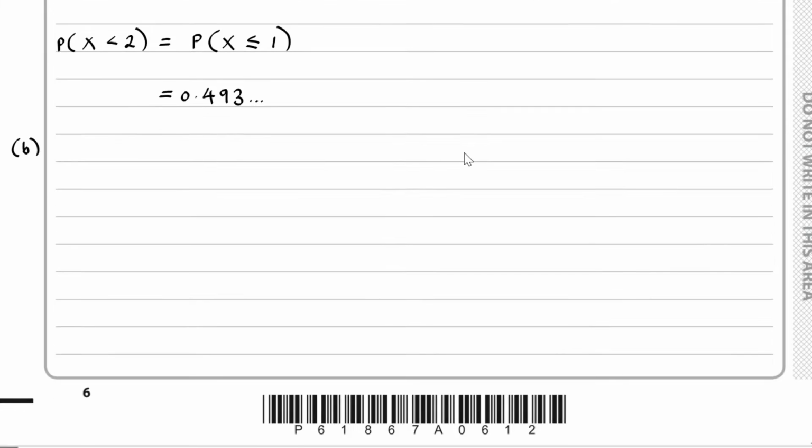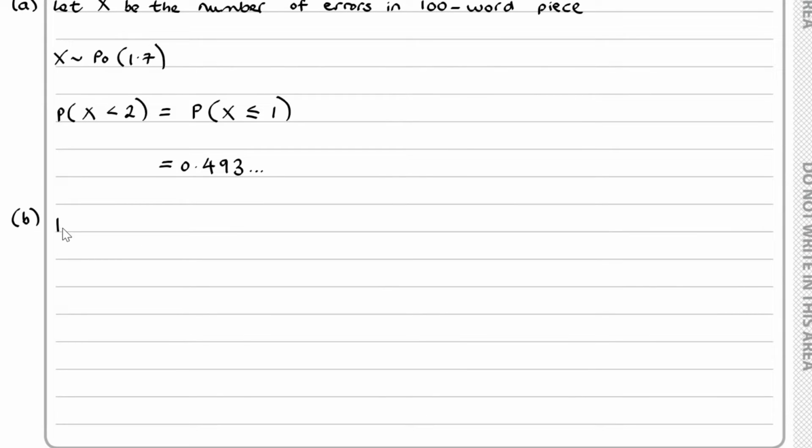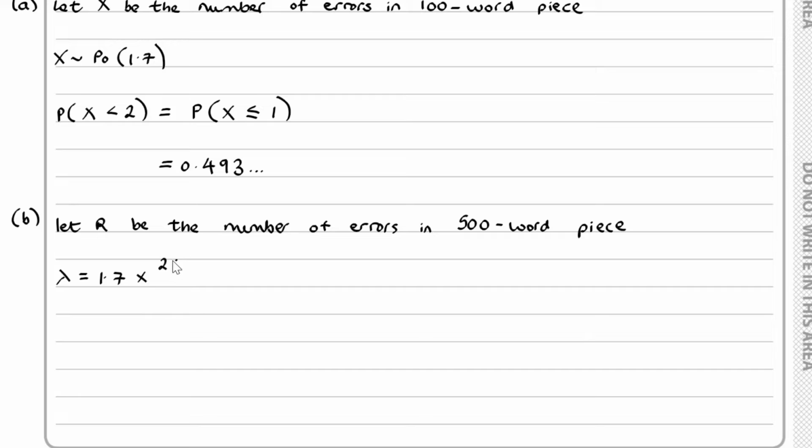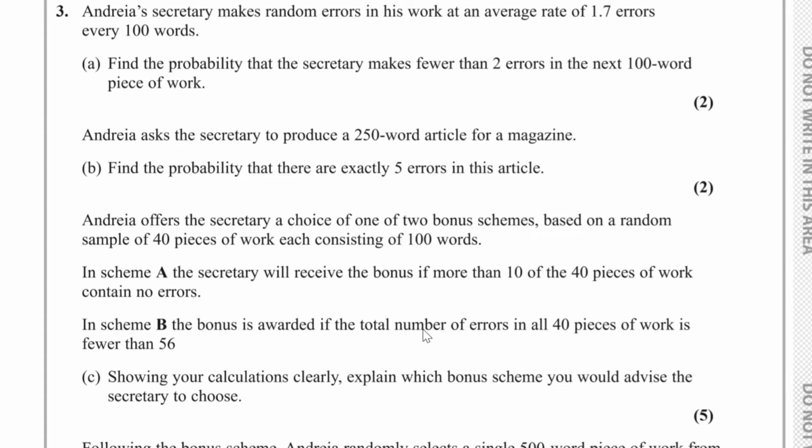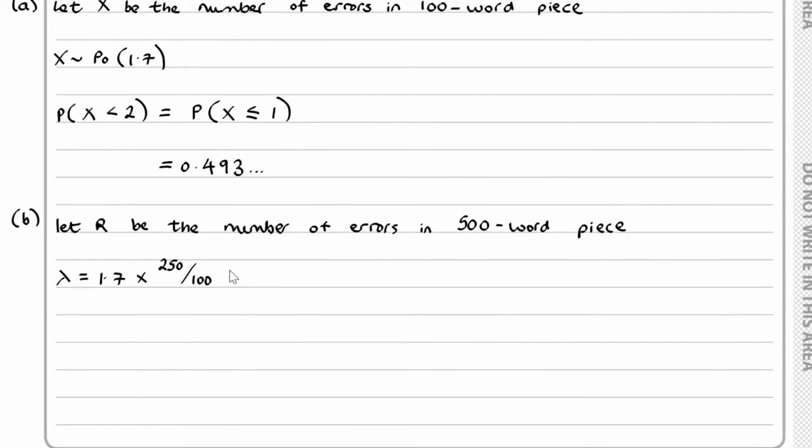Well, for part B, if we let R be the number of errors in the 250-word piece, then first of all we need to calculate our new rate. We have 1.7 times 250 over 100. The reason for this is that instead of looking at 100 words, we're looking at 250 words.